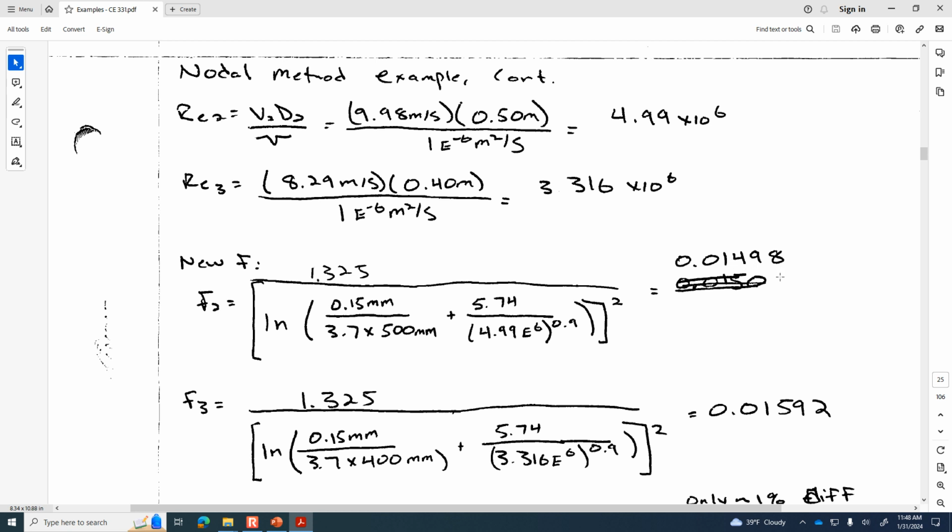Our original guess of F2 was 0.01493, and F3, according to fully turbulent, was 0.01567. These are the fully turbulent assumption values.